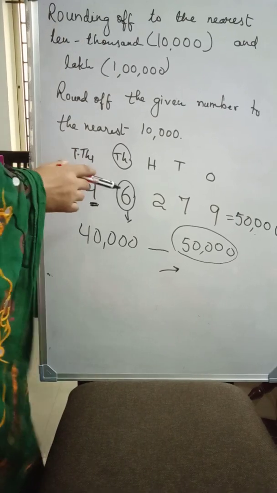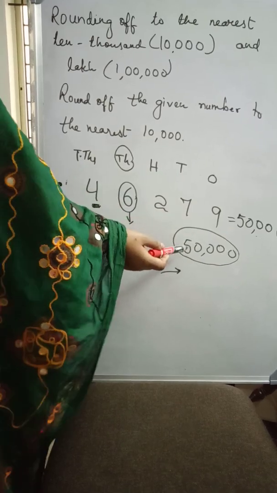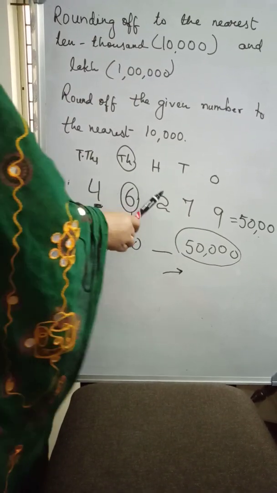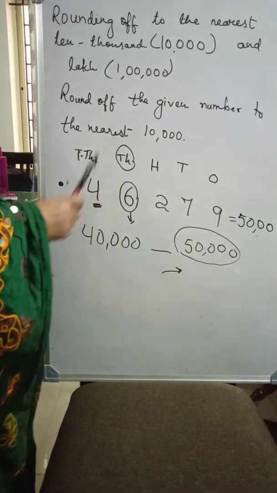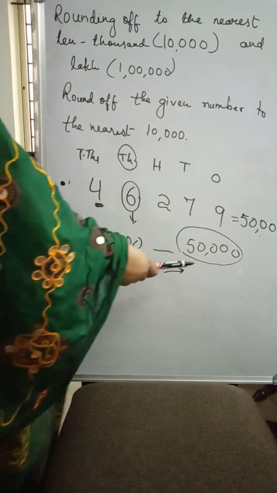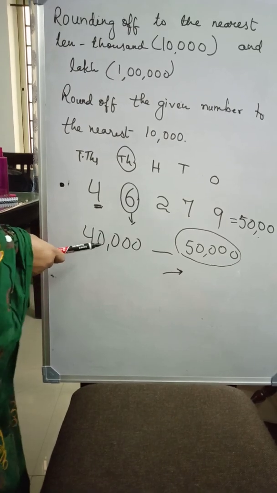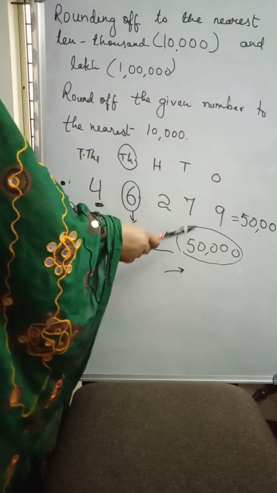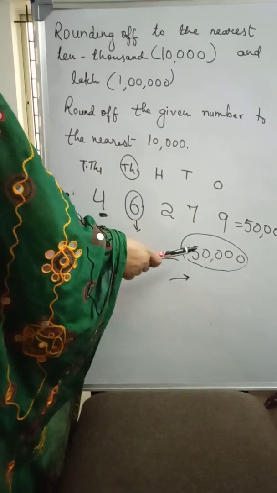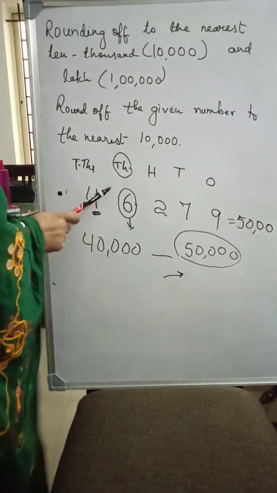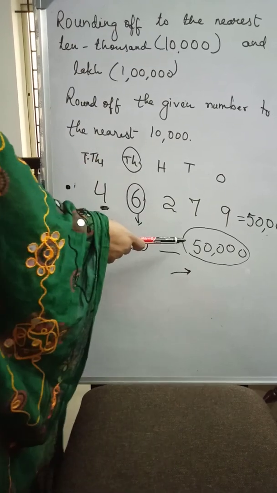We will round off to the nearest multiple of 10,000 which is bigger than 46,279. One more thing, 46,279 is in between 40,000 and 50,000, correct? And second point, 46,279 is nearer to 50,000 than to 40,000; it is far from 40,000. So the nearest multiple of 10,000 will be the rounded-off number. So 46,279 will be rounded off to 50,000.